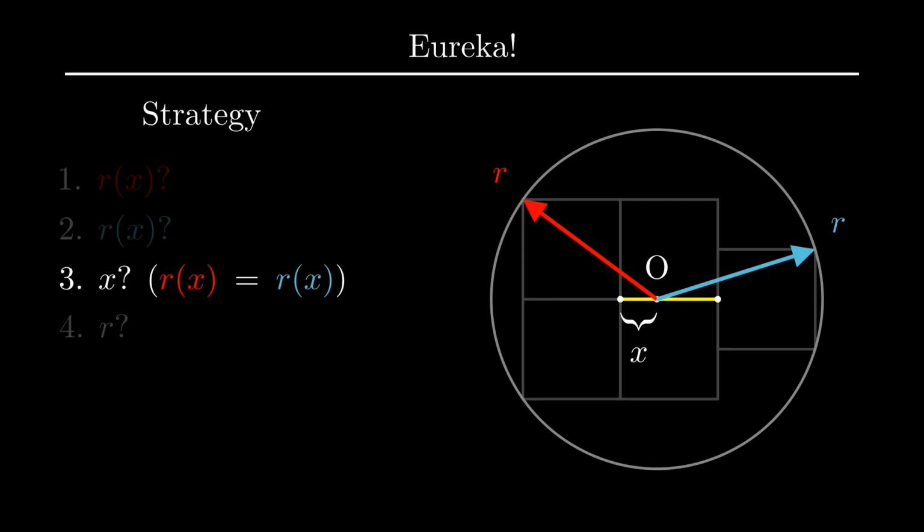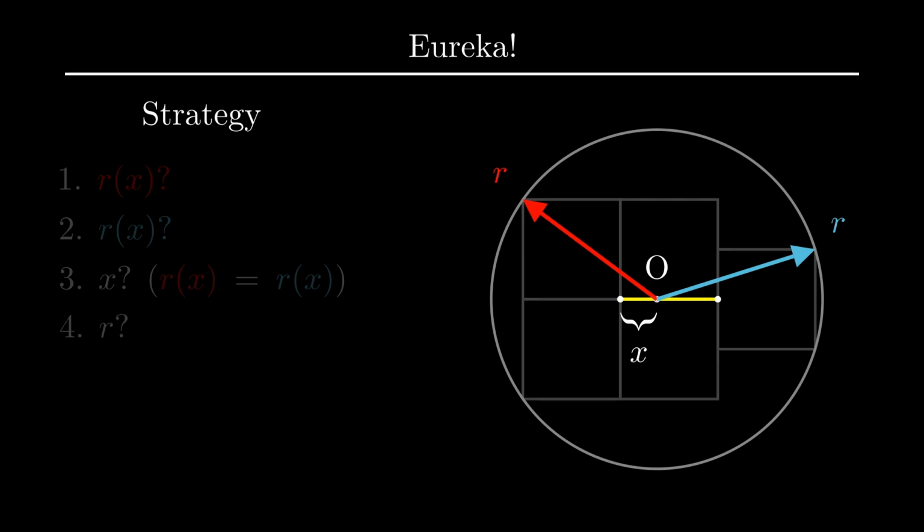The red radius and the blue radius, having of course the same length, would give an equation with only one unknown, x. If we could solve this equation, we would obtain the numeric value of x. Finally, we would just have to replace x with its value in any of the two equations of r in terms of x.